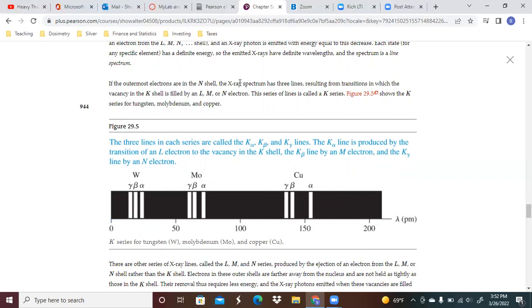If the outermost electrons are in the N shell, the X-ray spectrum has 3 spectral lines resulting from transitions in which the vacancy in the K shell is filled by the L, M, or N electron. This series of lines is called the K series, and you can see that it shows the K series for tungsten, molybdenum, and then copper.